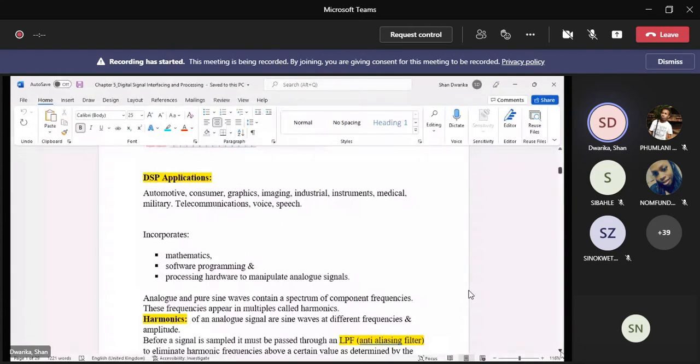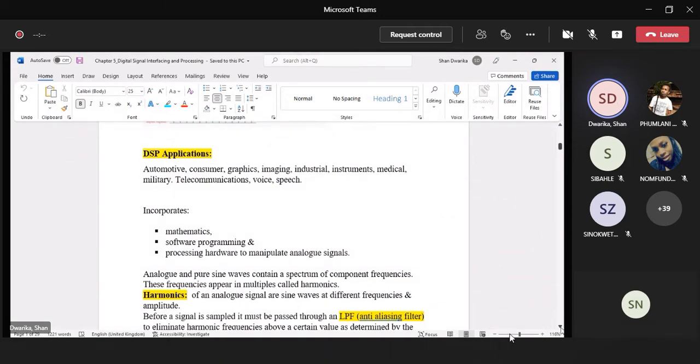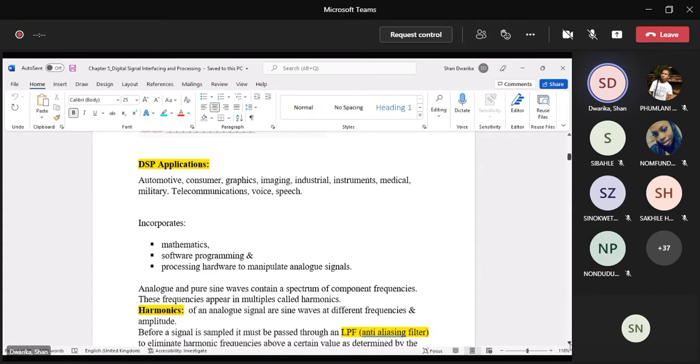And if you look at the automotive industry, the management system in a car, in terms of the engine, the temperature, the speed, the temperature inside the car, etc. So the DSP application is quite applicable in the automotive industry, in consumer industry, graphics, imaging, industrial, instruments, medical, military, telecommunications, voice and speech.